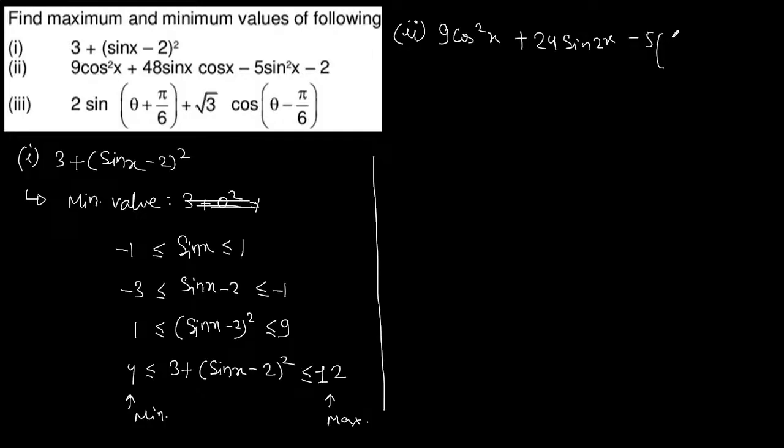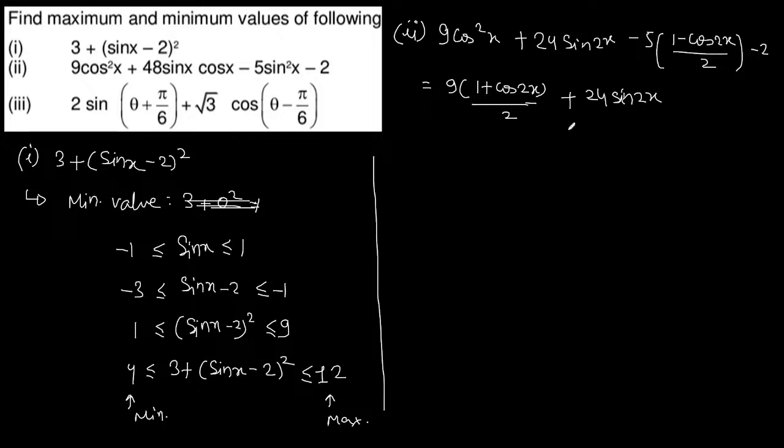Sin 2x should be written as 1 minus cos 2x by 2 minus 2. This is 9 into 1 plus cos 2x by 2, and this is 24 sin 2x.